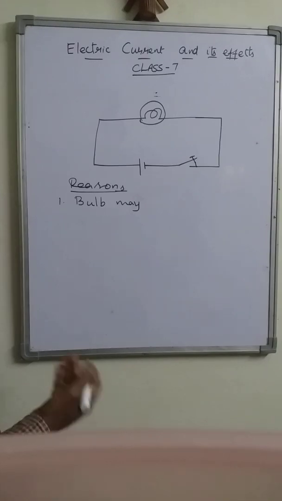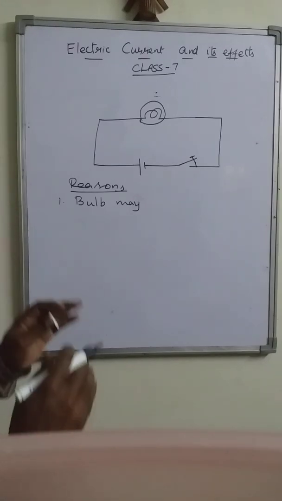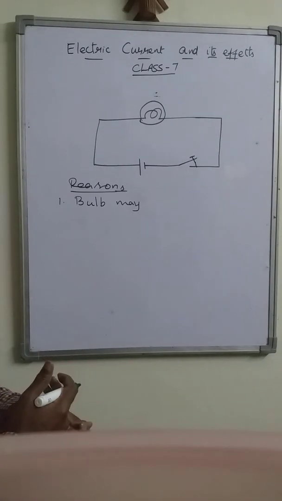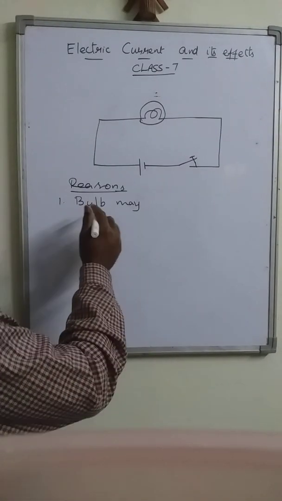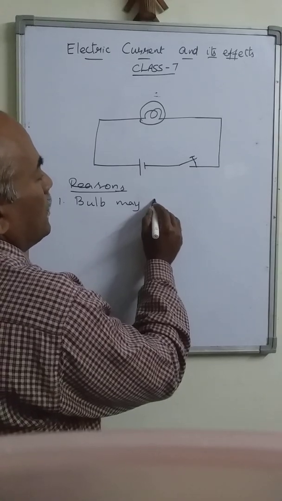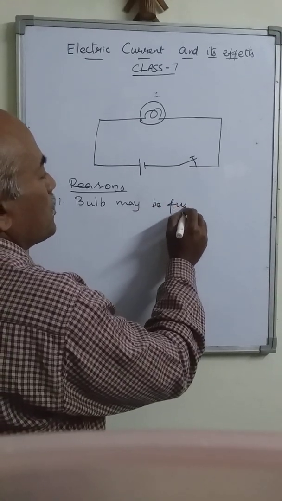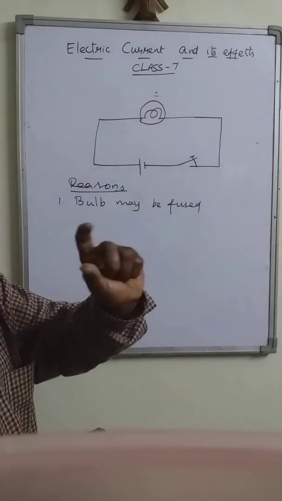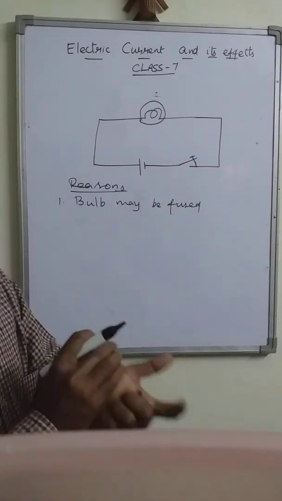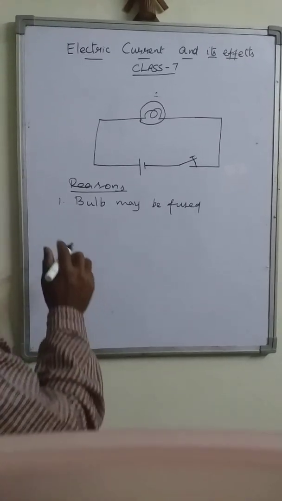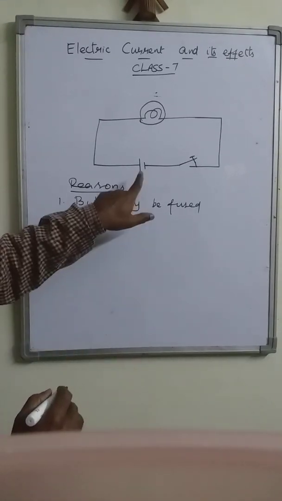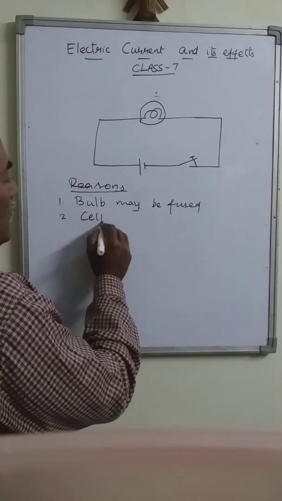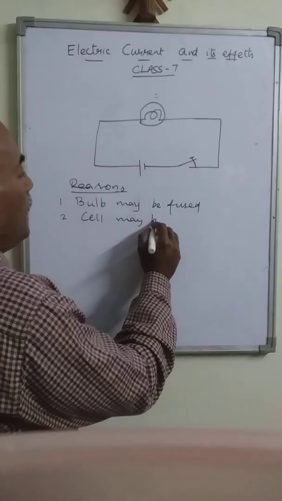Maybe, because we are not having any confirmatory indication of where the fault is, there may be possible reasons. The bulb may be fused. Fused bulb means the filament inside the bulb may get broken. Right? It may happen. The second one is, the cell may be discharged or weak.